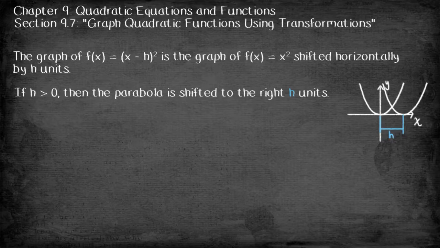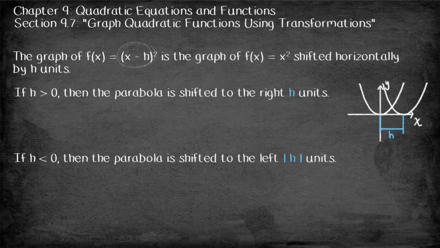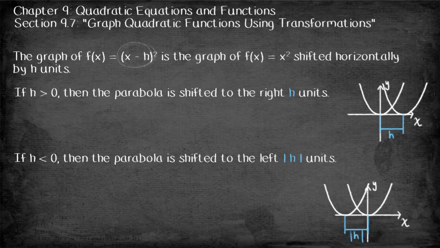We do want to be cognizant of the signs here. If we're subtracting a positive number, then the parabola is shifted to the right by h units. Whereas if we're subtracting a negative number, we get x plus absolute value of h, and so the net effect is that the parabola is shifted to the left by absolute value of h units.